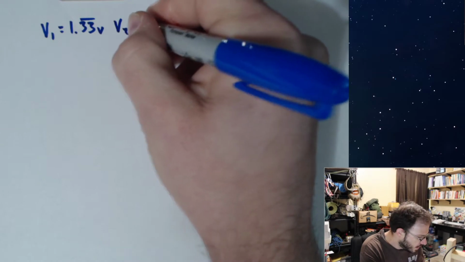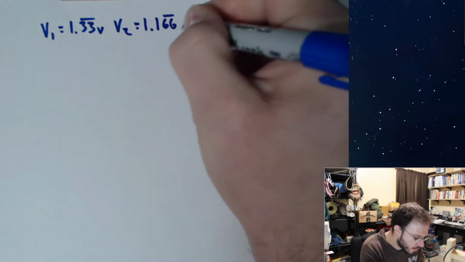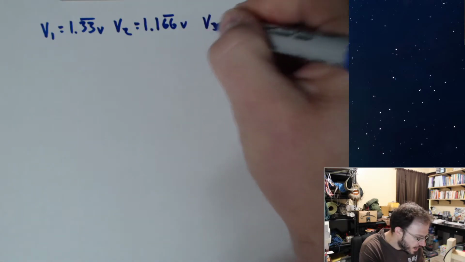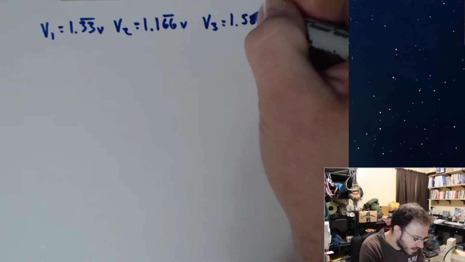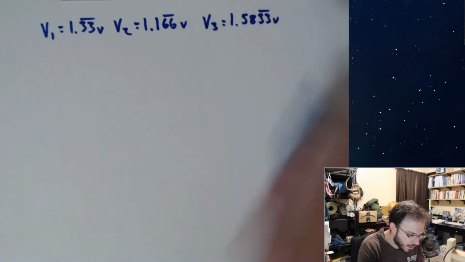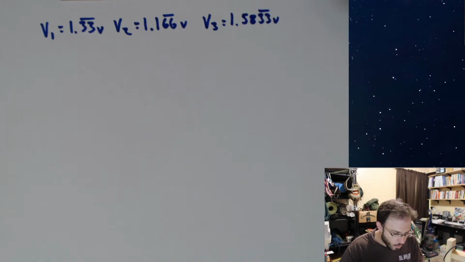V2 came out to be 1.166 repeating volts. And V3 ended up being 1.5833 repeating volts. Let's go ahead and plug these back into our circuit and see what all of this means.